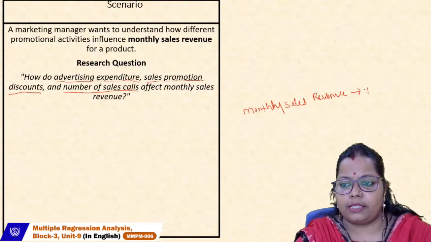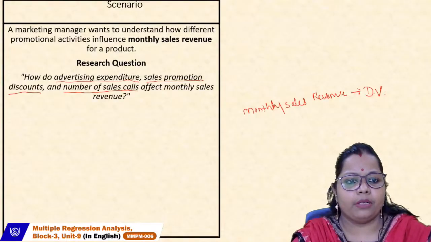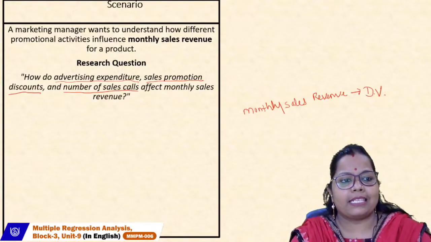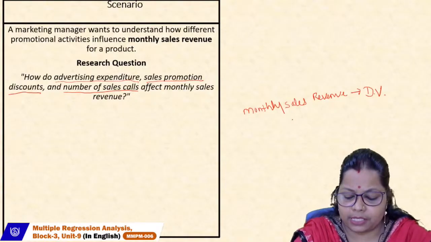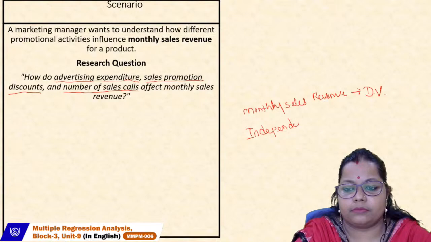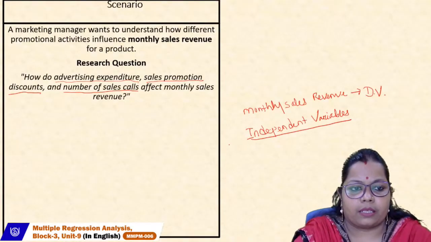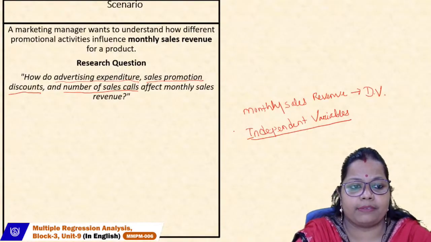It was the dependent variable. I am writing DV for the dependent variable, but what are the independent variables as per the question? The question says there are three things. Independent variables: in the question it is mentioned as different promotional activities.